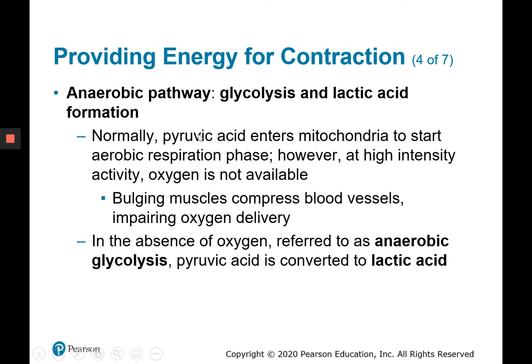So normally, if there was oxygen present, pyruvic acid would go into a mitochondria and be used in the aerobic pathway to make a lot of ATP. That's the process that takes hours. But without oxygen present, we're going to use the pyruvic acid and convert it to lactic acid, which can be recycled in other organs and used again in glycolysis.